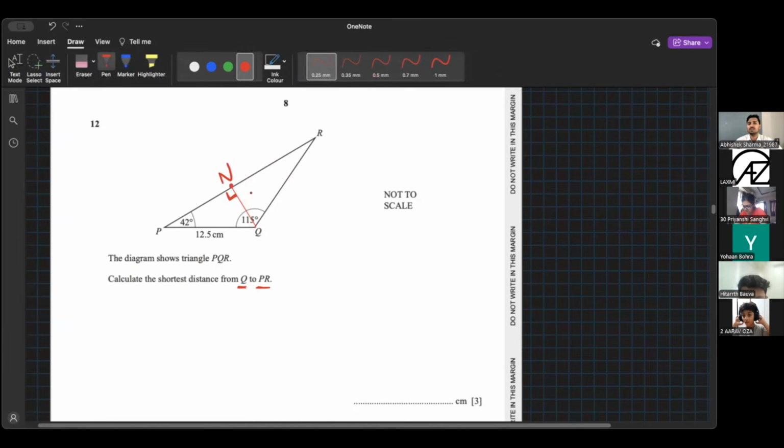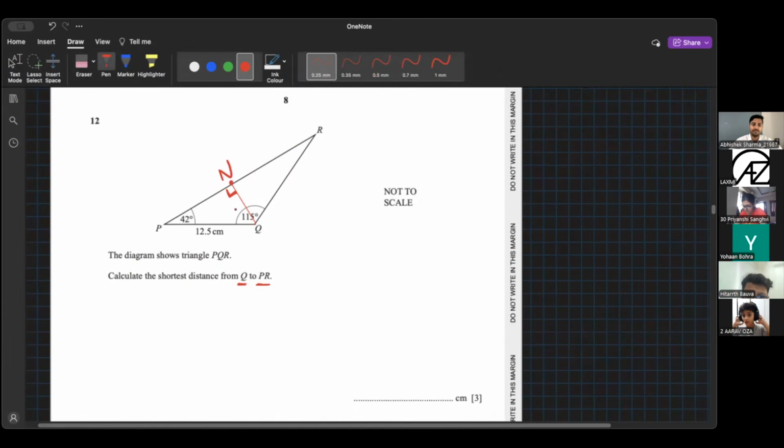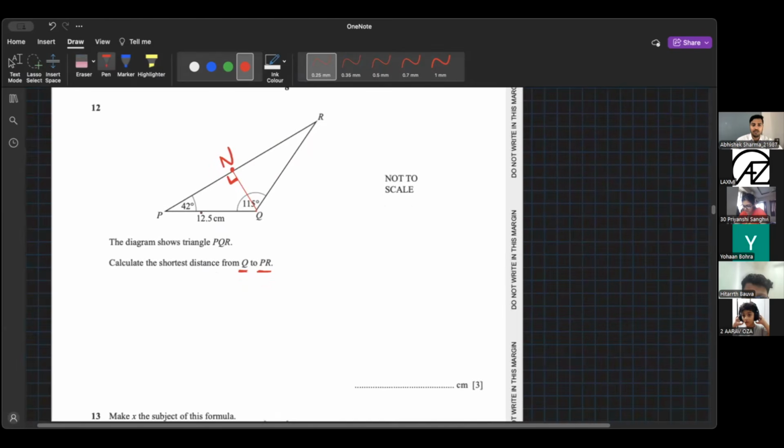So they want us to find the value of QN. So this is perpendicular and this is hypotenuse, or we can say this is opposite and this is hypotenuse. So sine theta is opposite upon hypotenuse. Sine 42 is equal to opposite upon hypotenuse, that is 12.5.